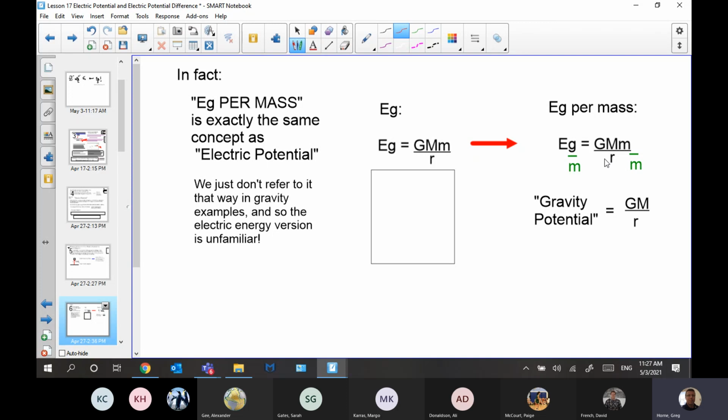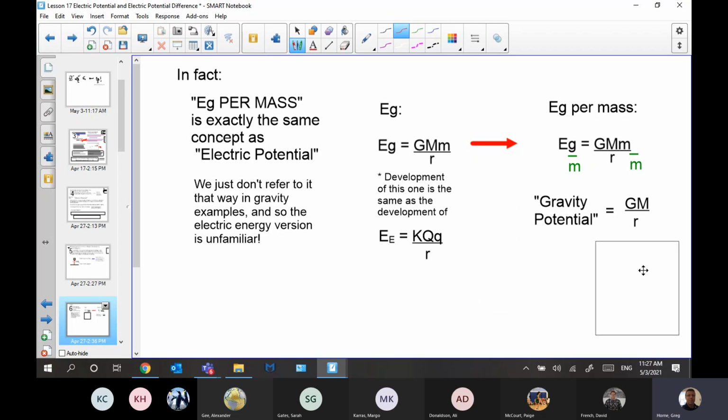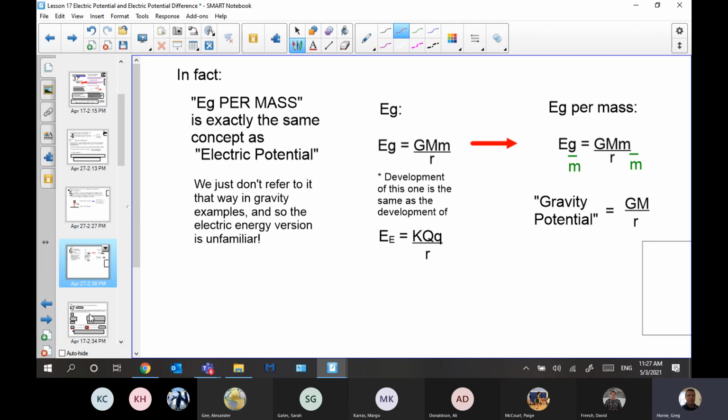But instead of being GM over R squared, it's GM over R. This big M is the mass of the Earth or the big mass that you're comparing to, and then the little mass, like you, for example, stuck to the Earth. That energy per your mass just becomes GM over R, and so that's the gravitational potential energy per mass.